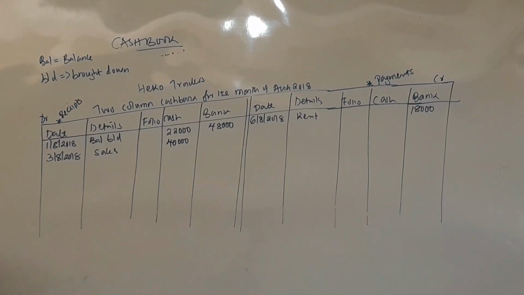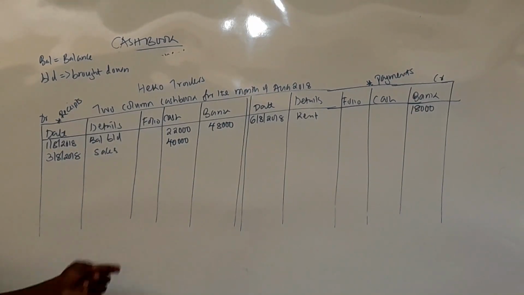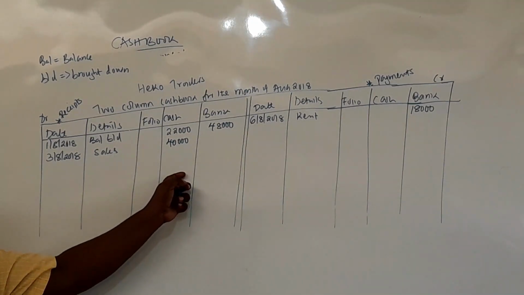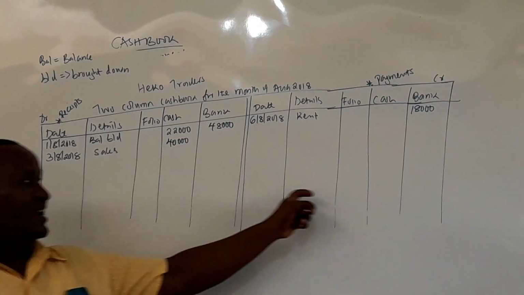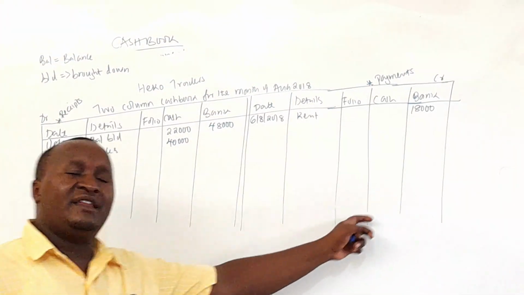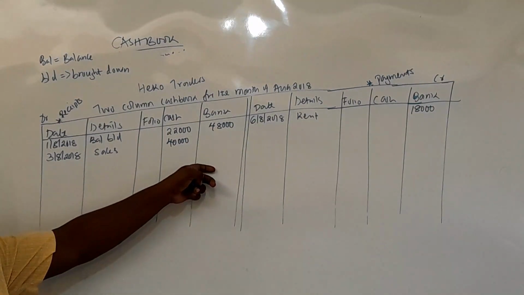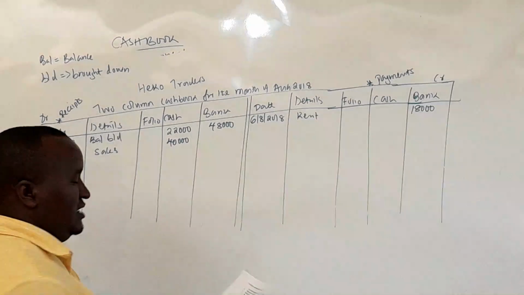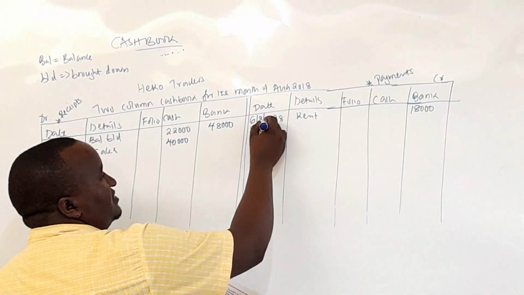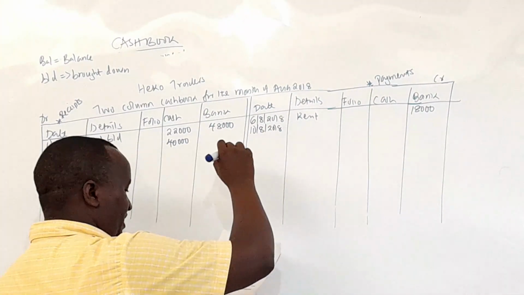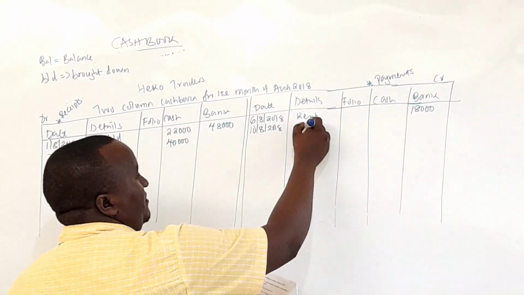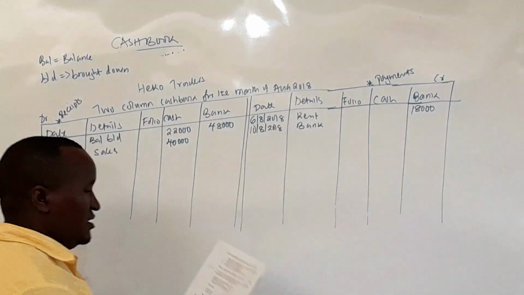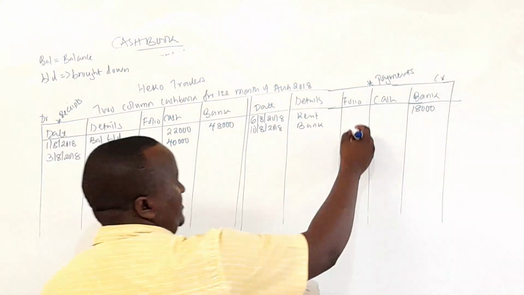This is the contra entry that I have explained about. So we are depositing money. It means that the cash that we had will reduce. Reducing the cash, we shall credit the cash and increase the bank. That's a contra entry. On date 10/8/2018, we deposited here. We normally write the corresponding account. The money went to bank, that 5,000.